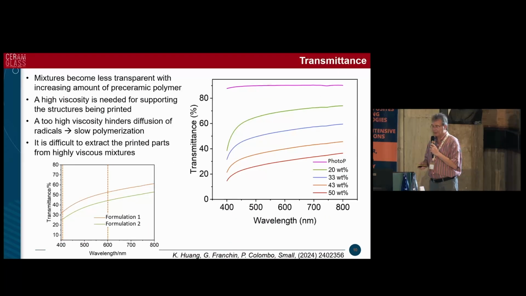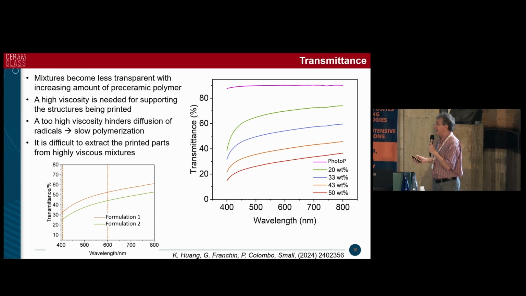So we started working with preceramic polymers. We also are working with colloidal particles in order to make other compositions for ceramics, but I cannot discuss that because of proprietary work. And you can see here that the photopolymer, which is an organic acrylate, is highly transparent. If you start blending with the silicone, then you start losing the transmittance.